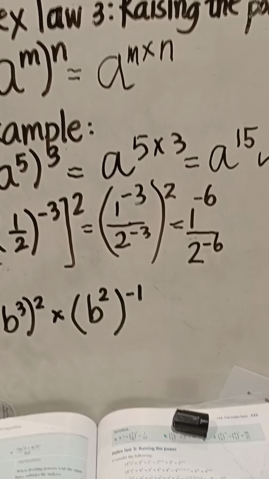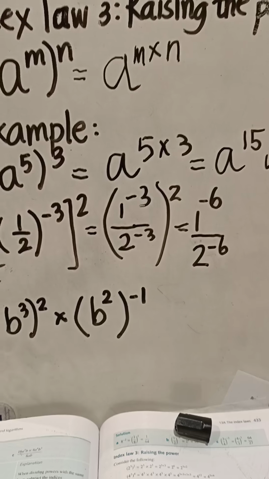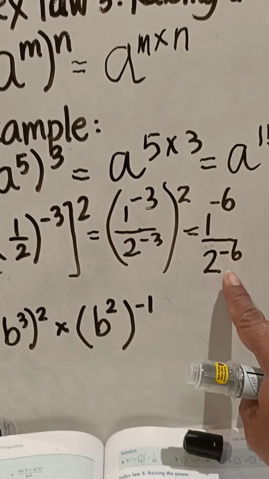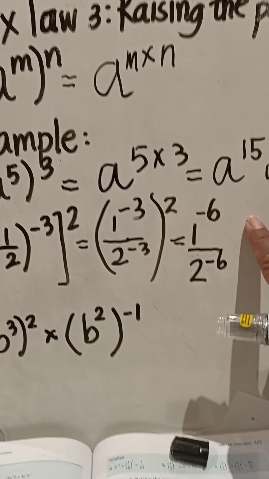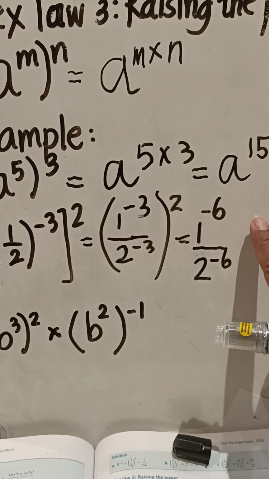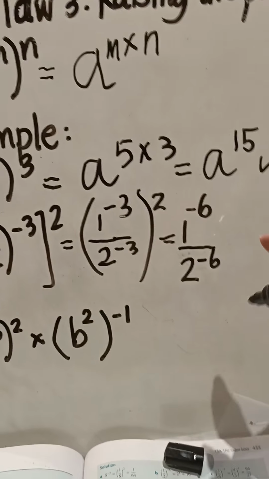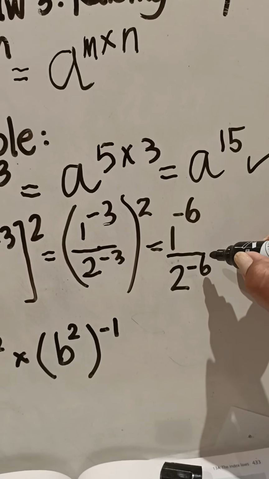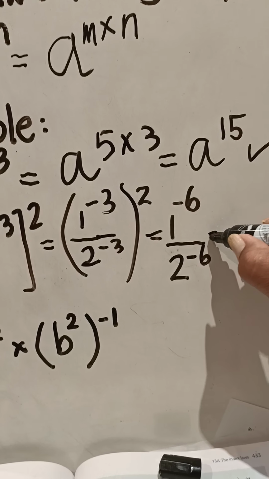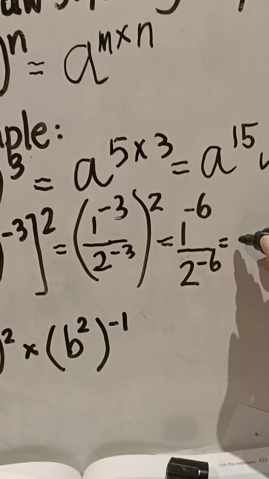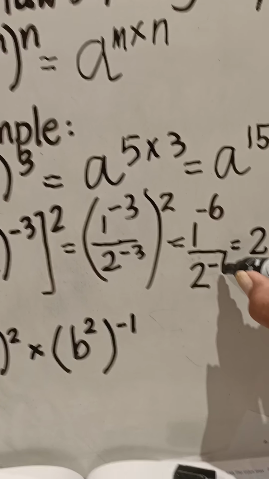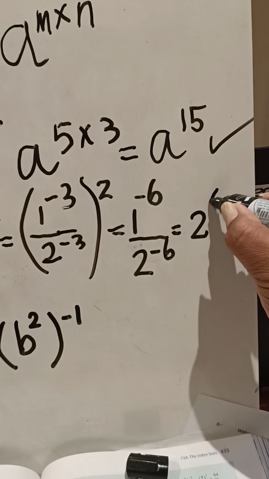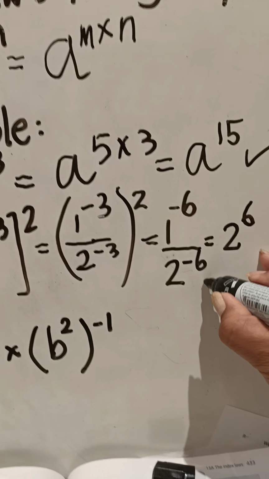And we know from the first and second law that if the exponent is negative, if you put it up, it becomes positive, okay? So 1 to the negative 6, you multiply 1 6 times, that should just be equal to 1. And 2, instead of negative 6, becomes 2 to the power 6.